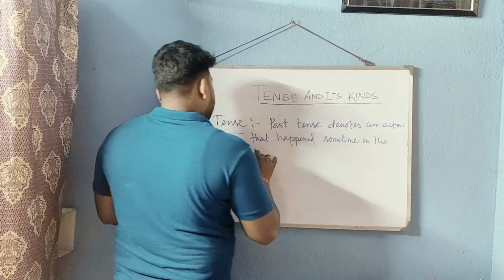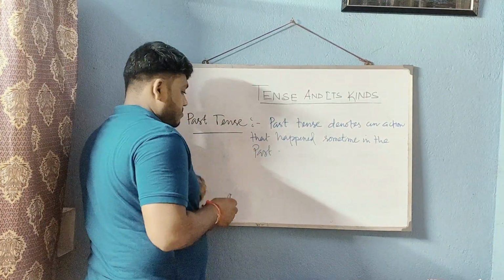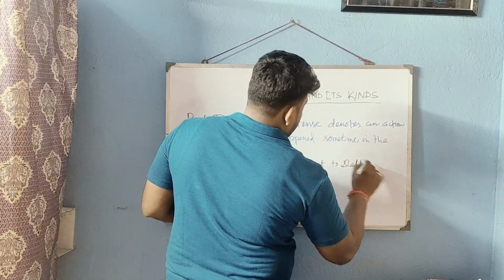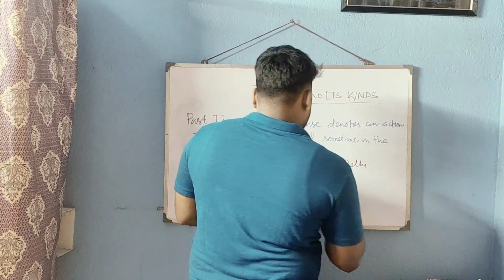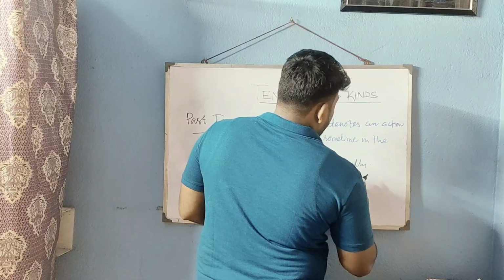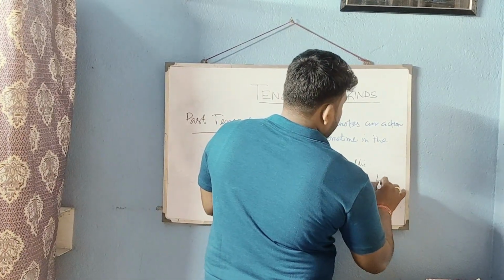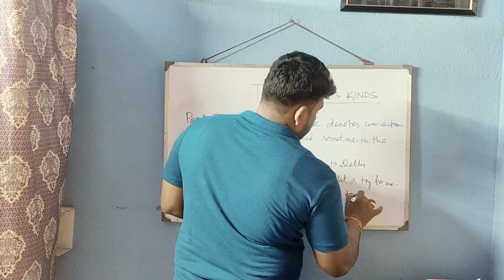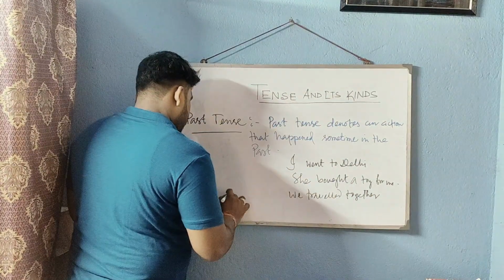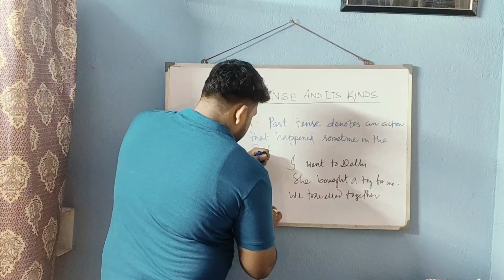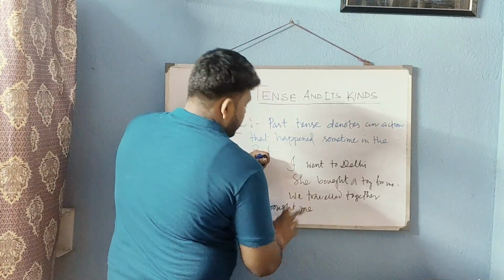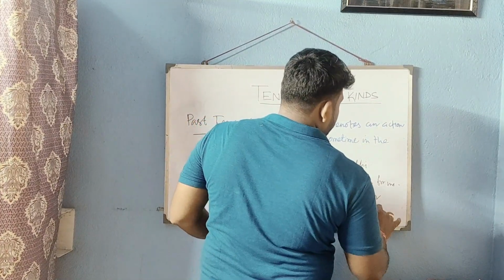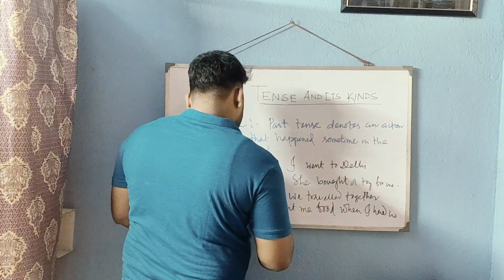For example, I went to Delhi, she bought a toy for me, we traveled together, she had bought me food when I had no money.